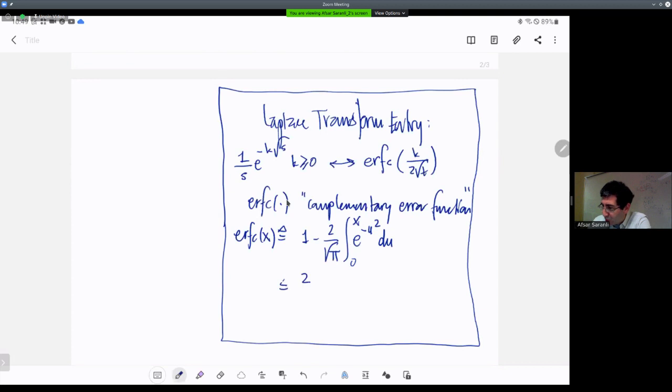Equivalently, it is 2 over square root of pi integral from x to infinity of e to the minus u square du. Okay?